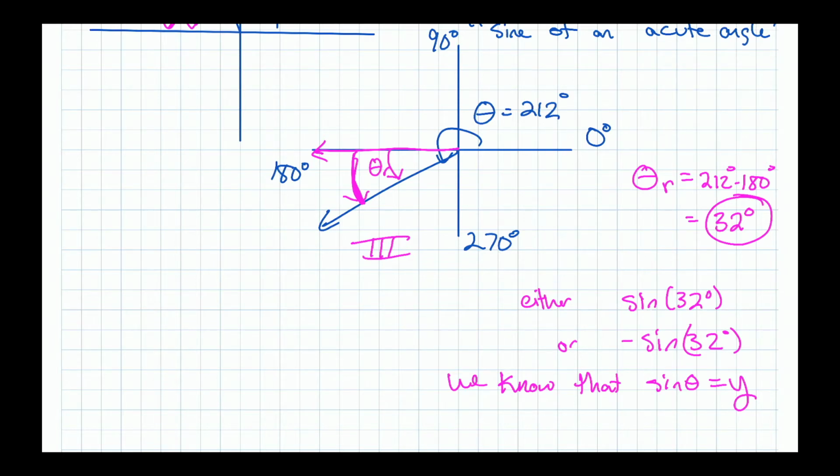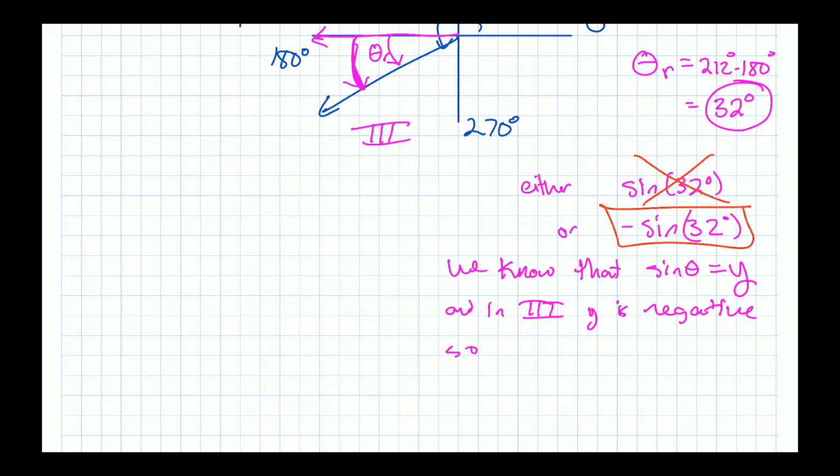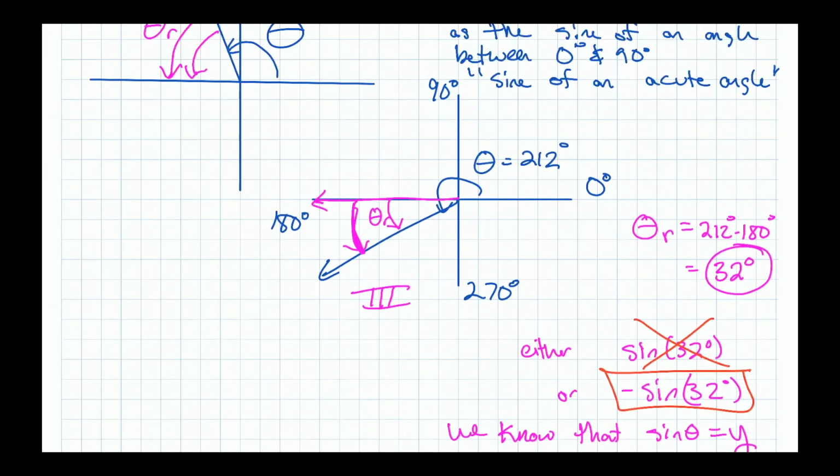And the answer is it's negative. So we know that sine theta is y, and in quadrant 3, y is negative. So that means you can go back up here, throw out the positive one, and we would want the negative one. And that's how you would do it. So that's what they mean when they ask you this type of question.